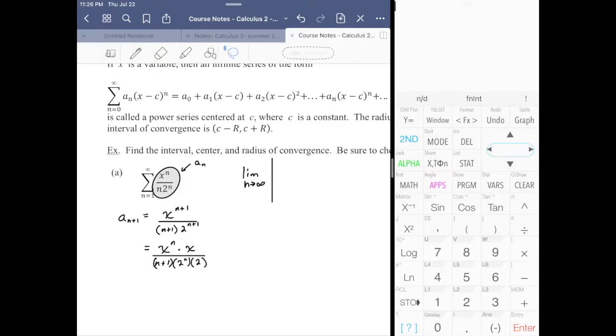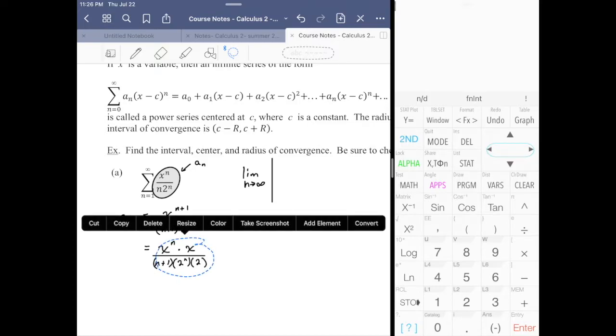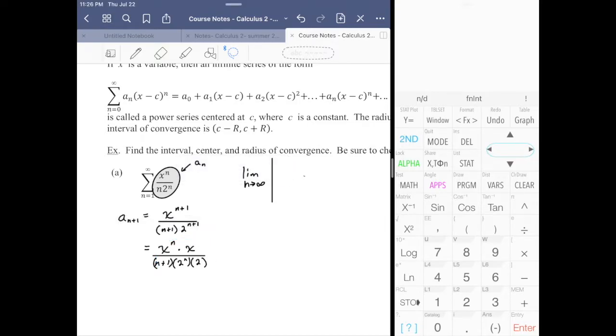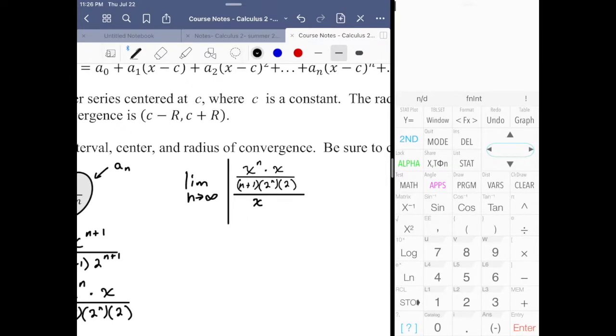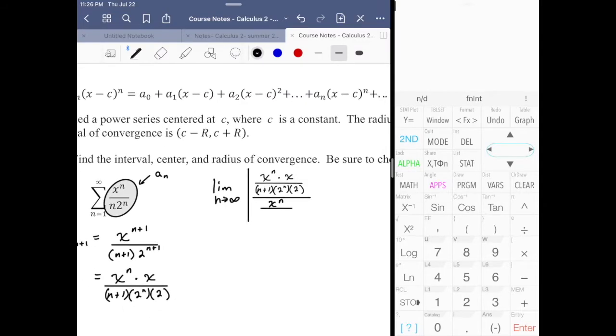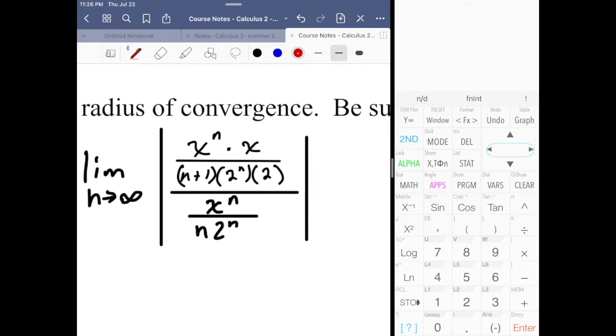as n approaches infinity of the absolute value of this, over x to the nth over n times 2 to the nth.